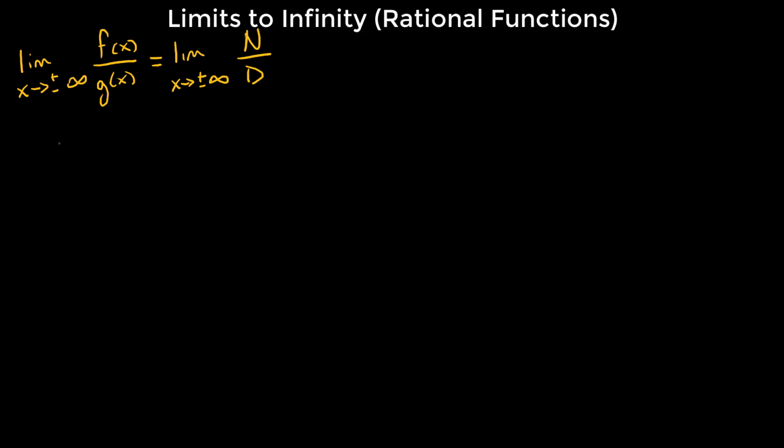So step one is to always check to make sure that the numerator and denominator are as simplified as they can be. So make sure you check for simplification. Next, step two, you always want to compare the highest growing terms of the numerator and the denominator.